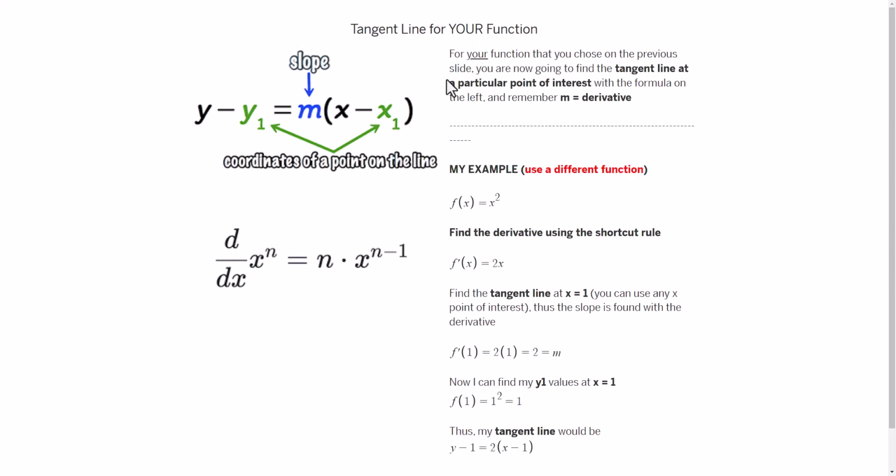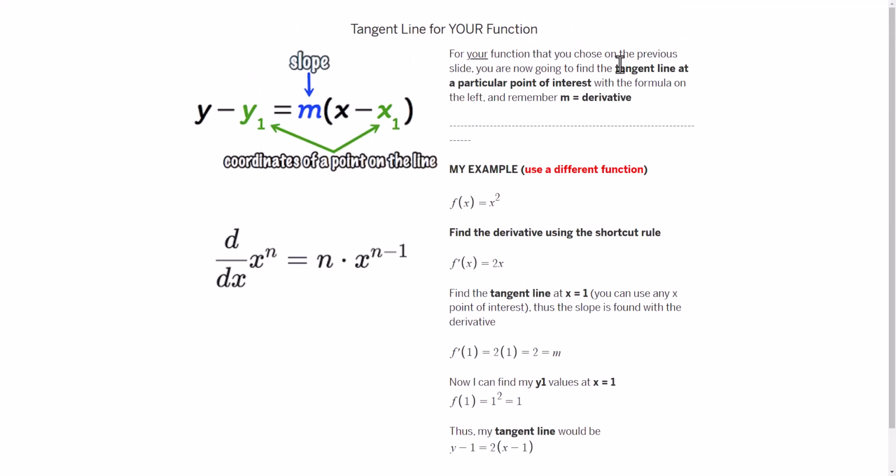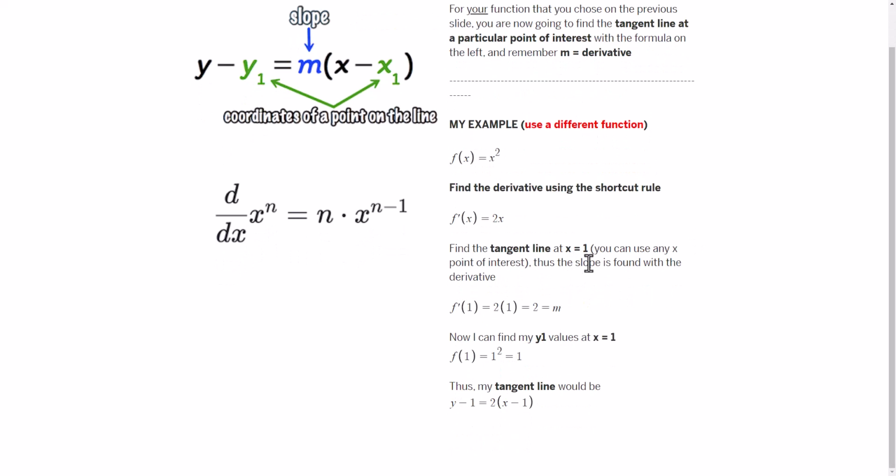Since I used x squared, with the shortcut I can very quickly take the derivative with the power rule: bring the 2 down, subtract 1 from the exponent, and I get my derivative. If I want to find the tangent line at a particular point of interest, I'm picking x equals 1.